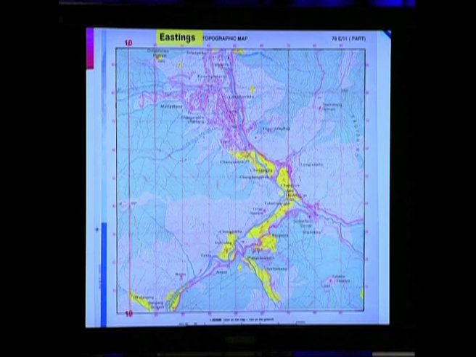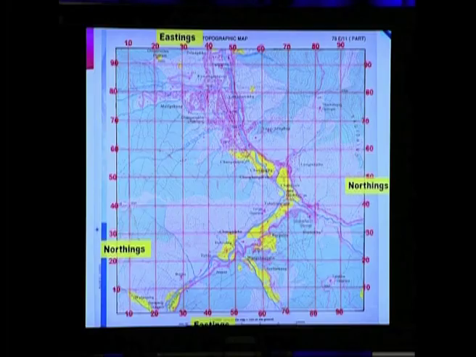So it starts from 0, 0. And on the map you will see 10, 20, 30, 40. The number increases towards the east. That's why it's called easting. It runs from north to south, but the number increases towards the east.